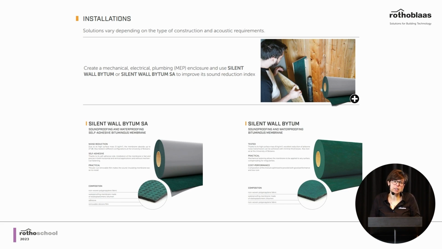Other details that need to be considered: installations. If we have some plumbing or some elements of the installation passing inside the building, this can cause some problems from an acoustic point of view. The solution is to create, for example, an element that isolates these elements from an acoustic point of view.